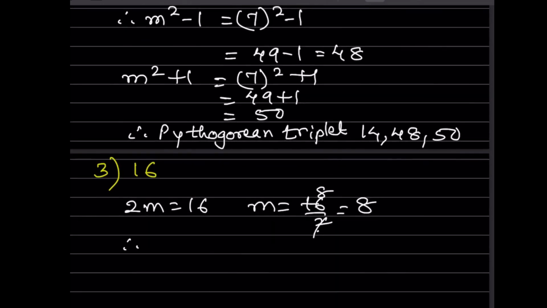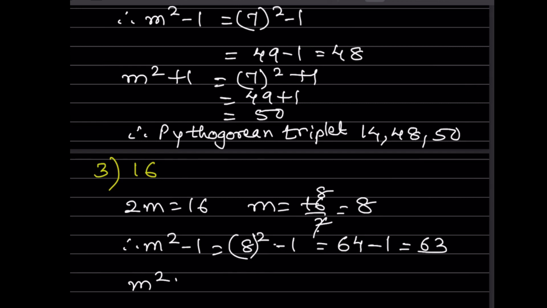So now therefore we can write m square minus 1. 8 square, this will be minus 1, that will be 64 minus 1, that is going to be 63, and m square plus 1 is going to be 8 square plus 1, that will be 64 plus 1, and that is going to be 65.